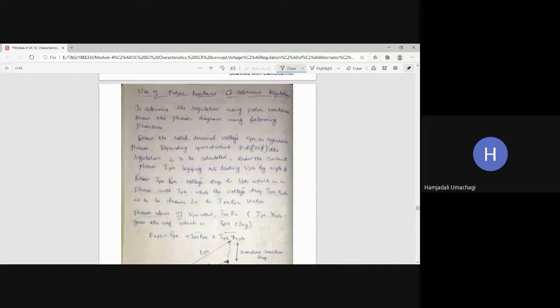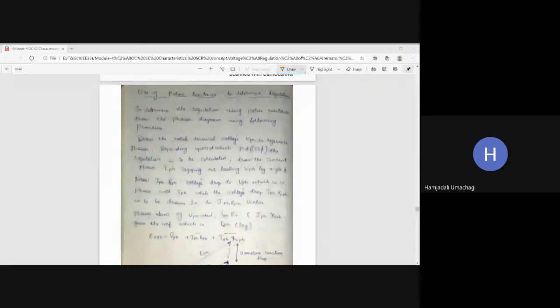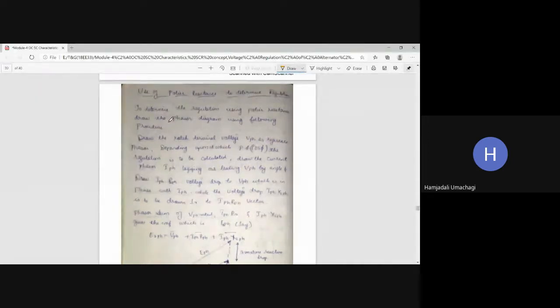Use of Potier reactance to determine regulation. Next is to determine the regulation using Potier reactance.